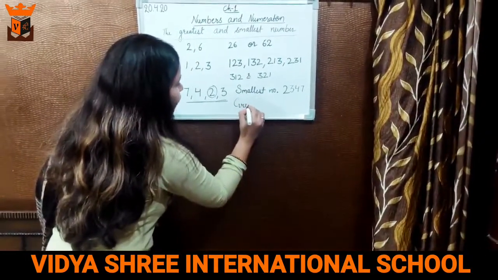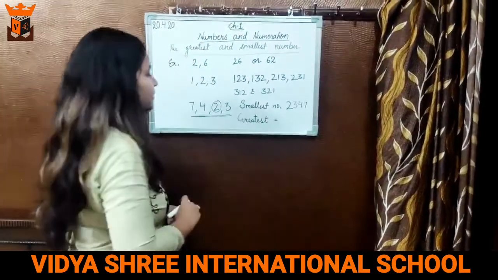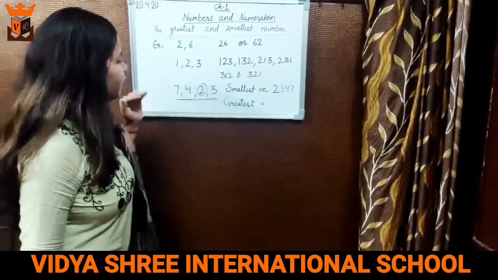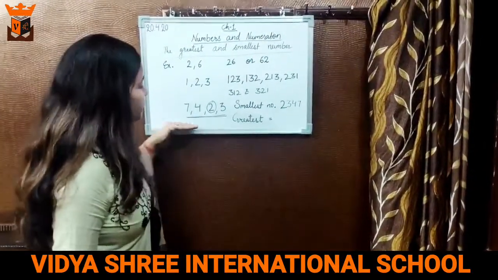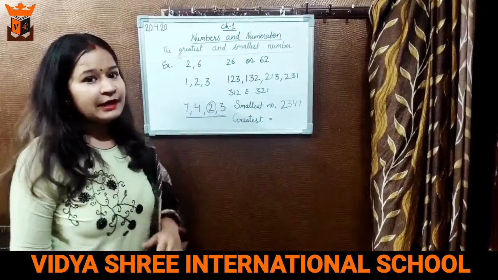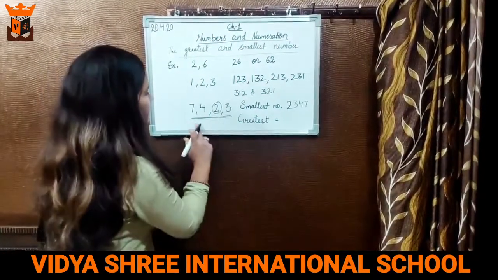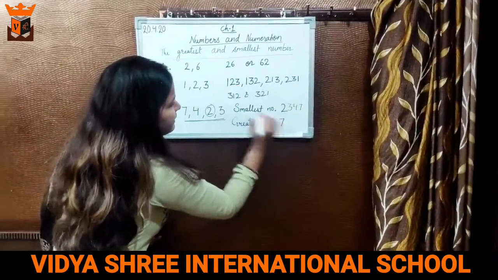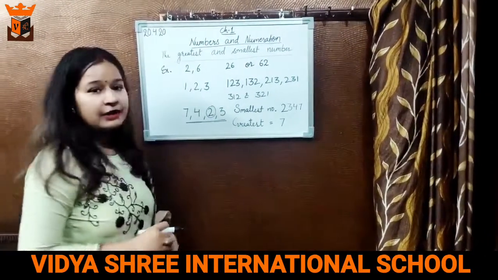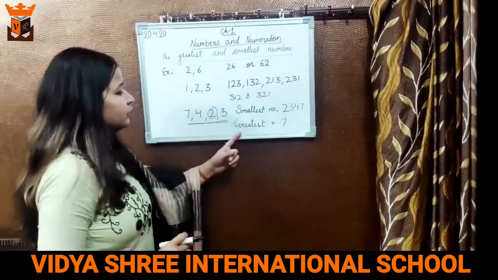Similarly, the greatest 4-digit number using these digits. When we find the greatest number, we always write the greatest digit among all the digits first. Which is the greatest among all? That is 7. So we will write 7 first. After that we will write the digits in decreasing order, because we want the greatest number.